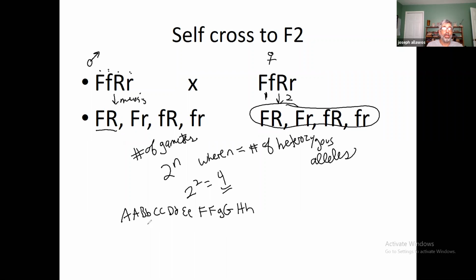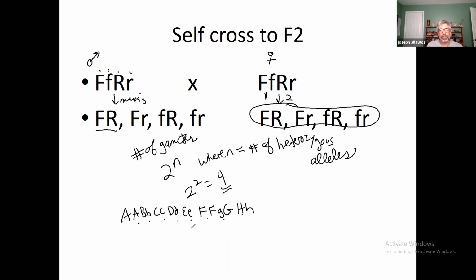And I said, okay, now we're following 1, 2, 3, 4, 5, 6, 7, 8 traits. Oh my goodness. Across parents to offspring. And I want to know how many gametes this parent can make. Jeez Louise. I would never ask you to do this.